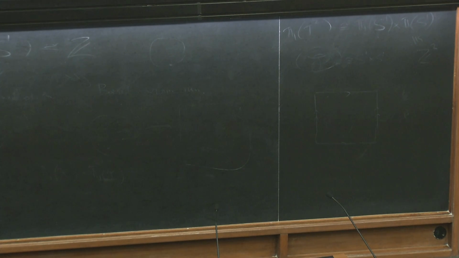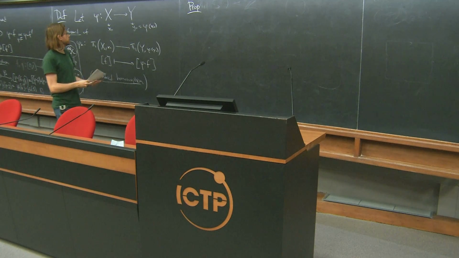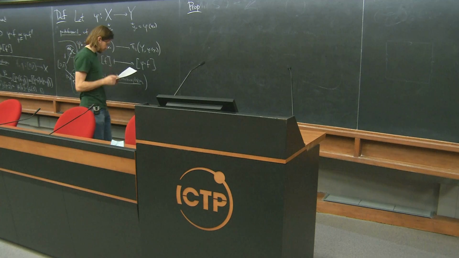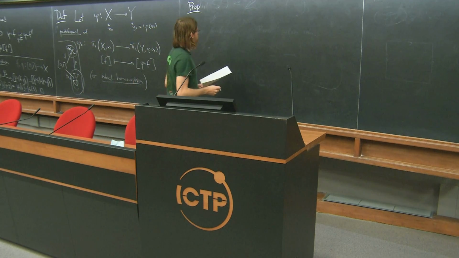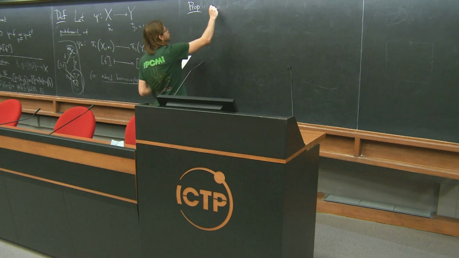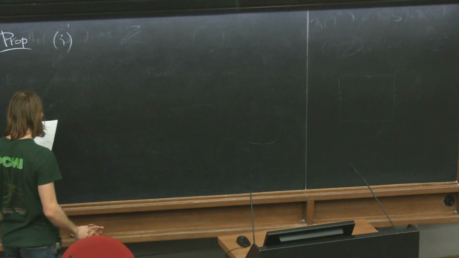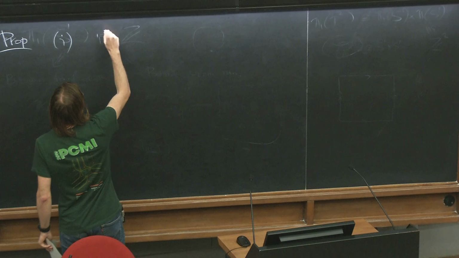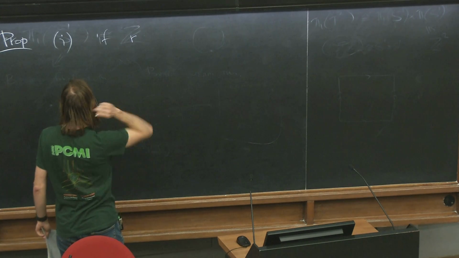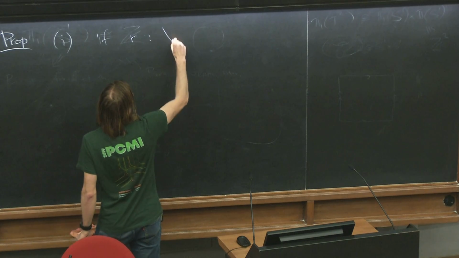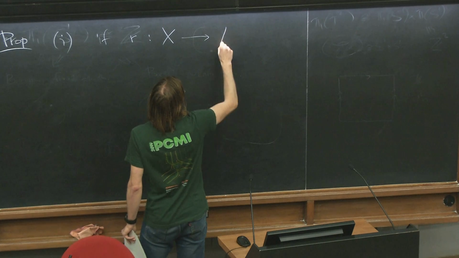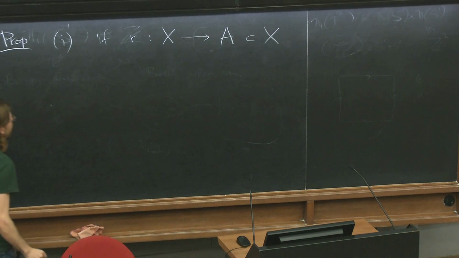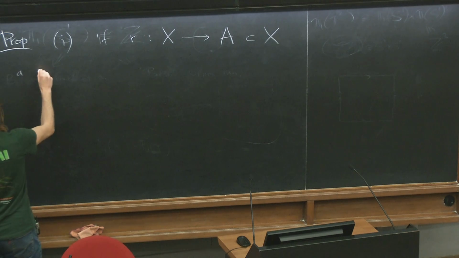So now we want to formulate a proposition which, again, will allow us to compare fundamental groups of different topological spaces. This will be a very particular case. Suppose we have a map R from X to its subspace A, which is a retraction.